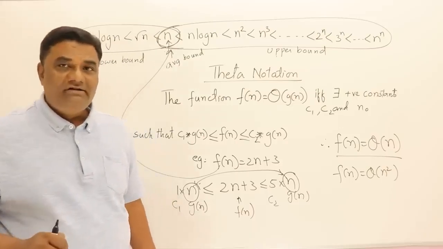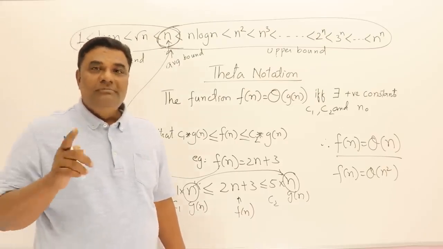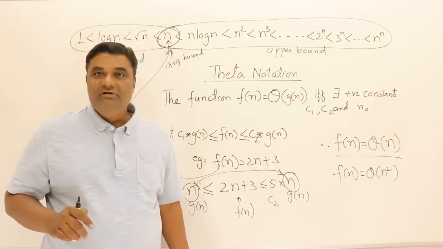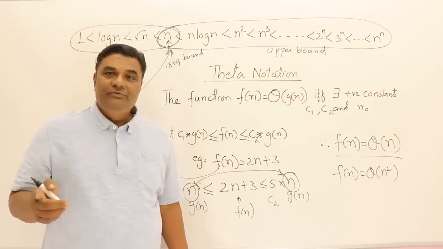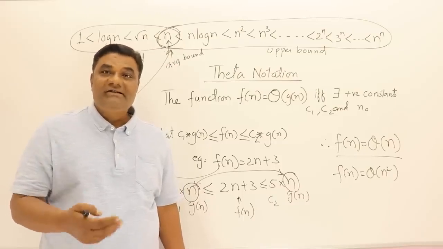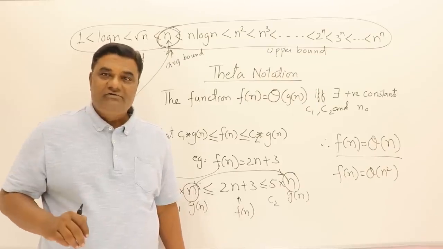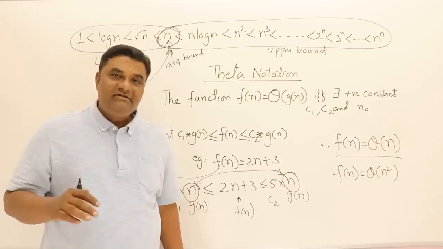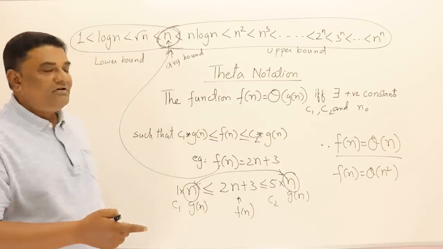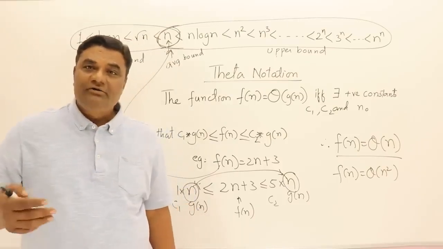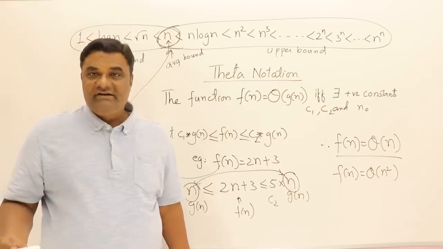And one more important thing, don't mix this with best case or worst case of an algorithm. Mostly people get confused by mixing this with best case or worst case. It's not related to best case or worst case. Mostly people think that big O is used for upper bound, so it is for worst case, and omega is for lower bound, so it is for best case.